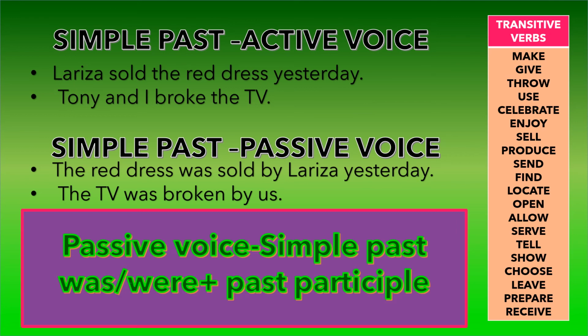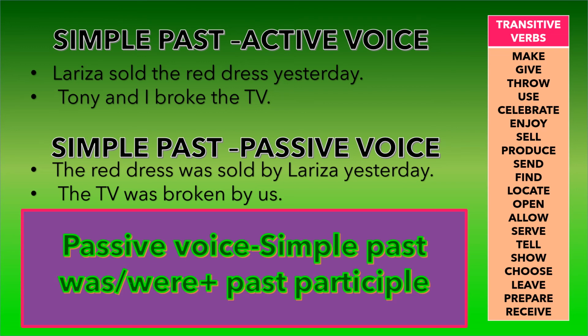So instead of saying Larissa sold the red dress yesterday, we would say the red dress was sold by Larissa. And why do I use was? Because it's dress, and the subject pronoun for dress is it. What happens if the word was dresses? The red dresses were sold. Because it's plural, right?